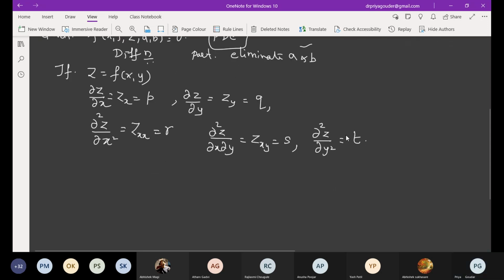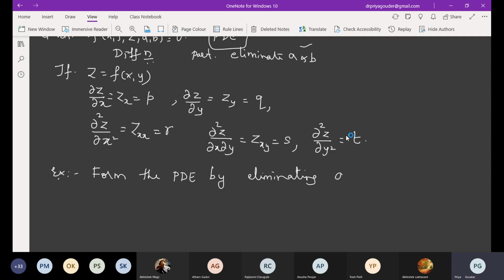Yeah. So I'll take up the first set of examples. Write down. Form the partial differential equation by eliminating arbitrary constants from following functions.